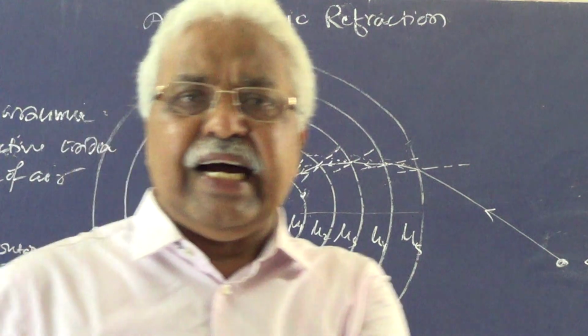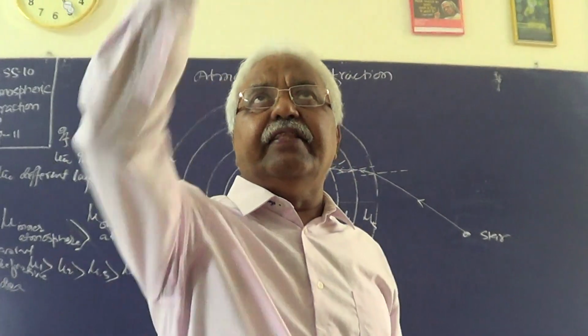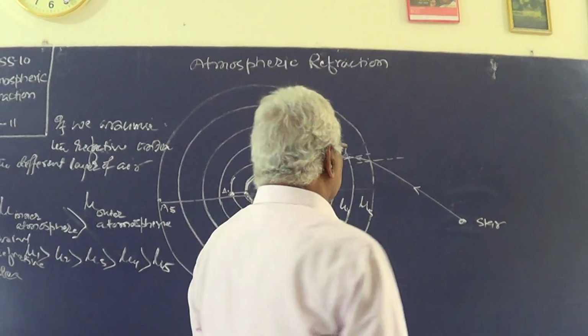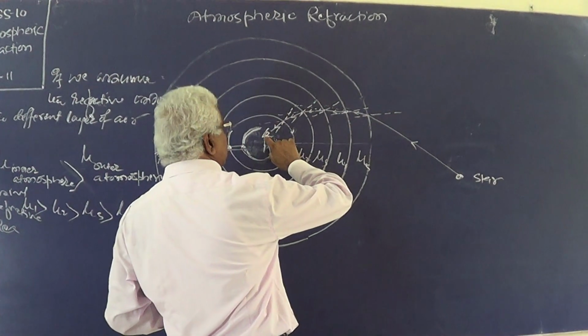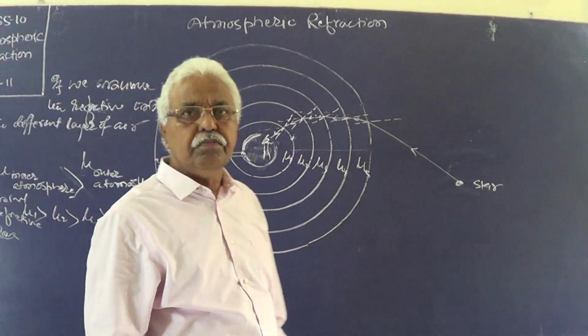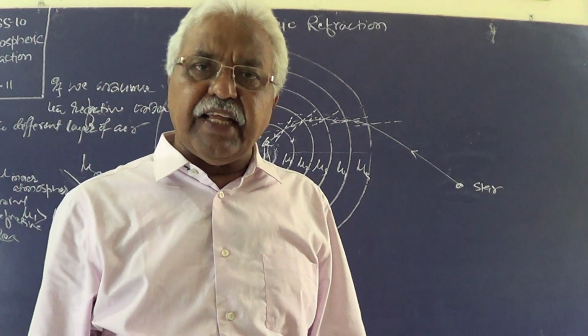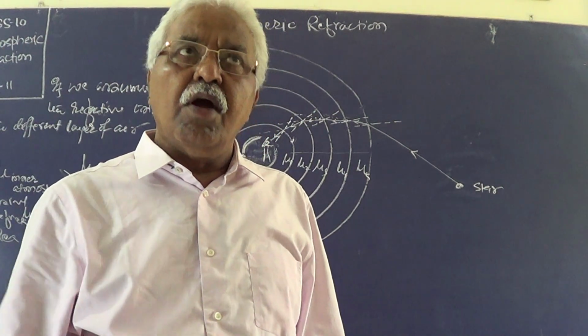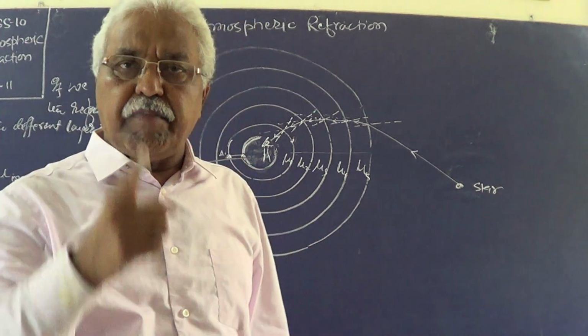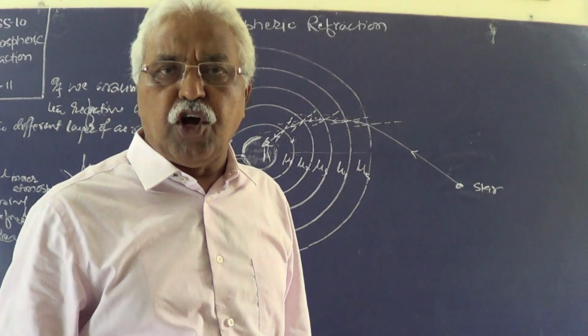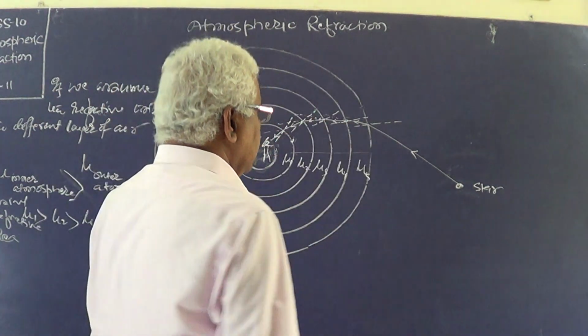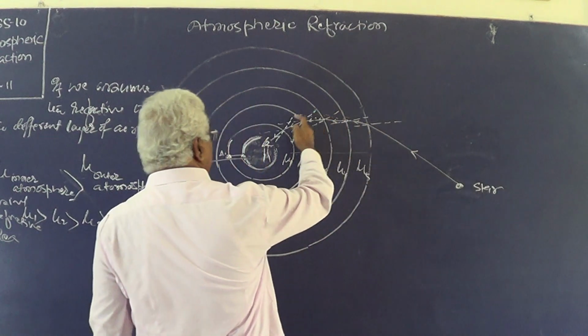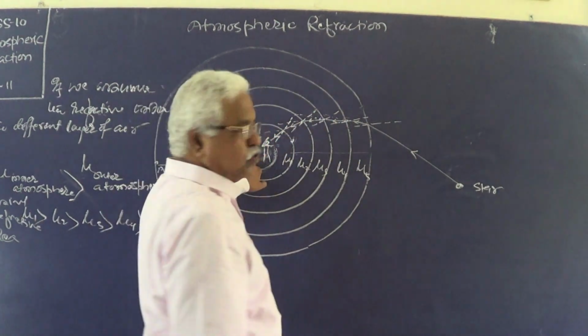Now since the light, you feel that the light is coming from the star here, light is coming to you. You feel that a star is twinkling, but light bends and follows a spiral path. Light travels from a star and follows the spiral path to the individual.